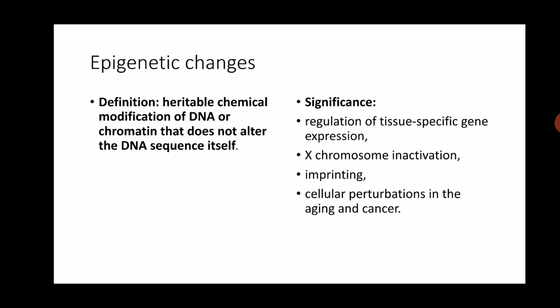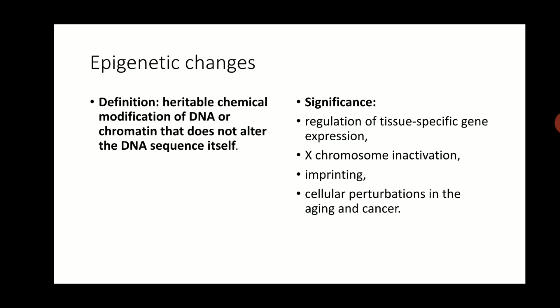This is a phenomenon where one allele of a particular phenotype is inactivated. Normally there are two alleles for each phenotype, and both may be active or one of them may be active and the other inactive. The inactivity of this allele is basically attributed to these epigenetic changes.